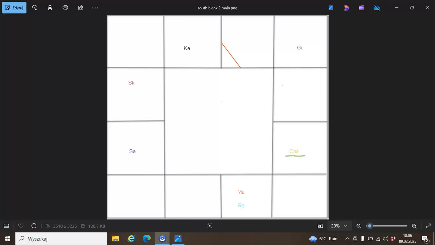So we've got also Surya here in the 10th, obviously, and we add Buddha or Mercury as well, yeah, because I've erased that. Okay, let me clean this a bit.